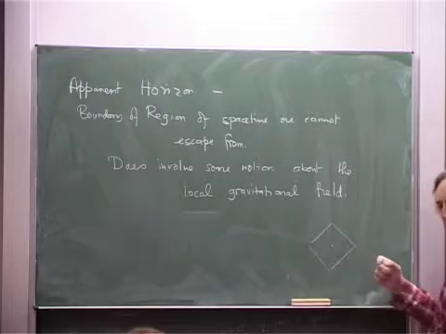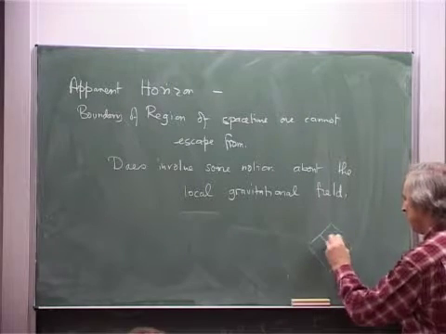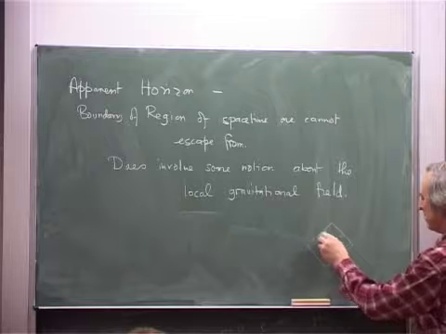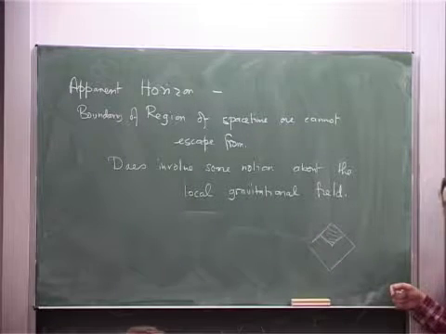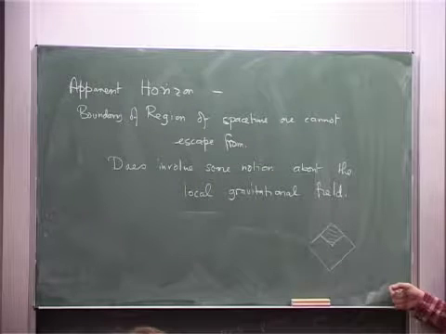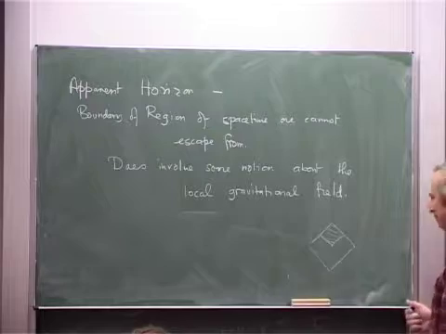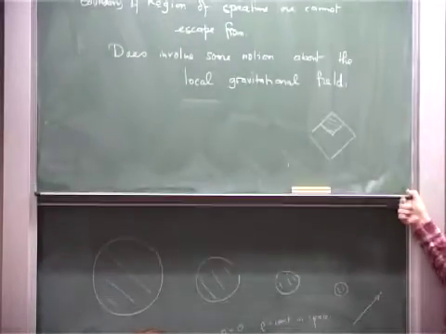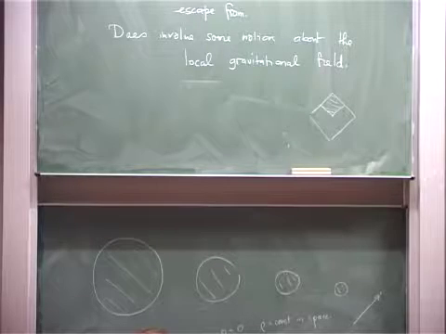So here is some point. Here is the future light cone. And that's also an apparent horizon. You can't escape. Oh, I see. True. But that's kind of different to this.